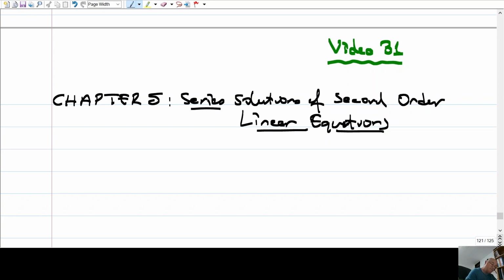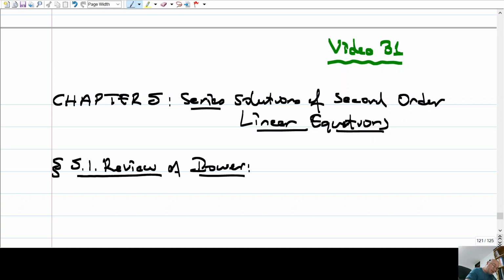Okay. Well, let me say a couple things about why we need to study series solutions. The reason is that most of the equations we have solved so far had solutions which can be expressed in terms of combinations of elementary functions such as sine, cosine, logarithms, and so on.